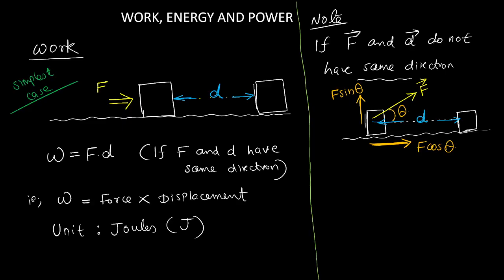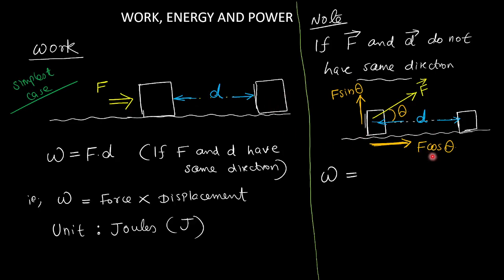So in this case, what is the useful work? Useful work means the work for the movement of the body. What is the work done? The horizontal force into horizontal displacement. The formula: work done equals force into displacement. That means the horizontal force into horizontal displacement.